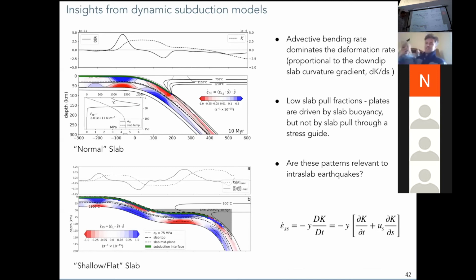And in this particular case, looking at the flat slab models, we found that it's very clear that it's dominated by stress advection and much less by the curvature that results from this. That is just there as the geometry.